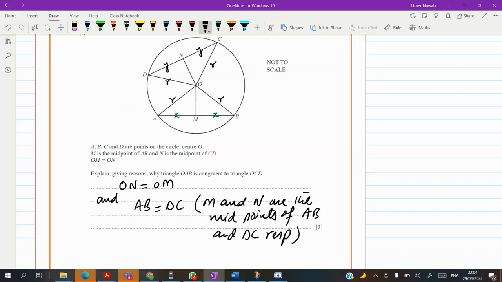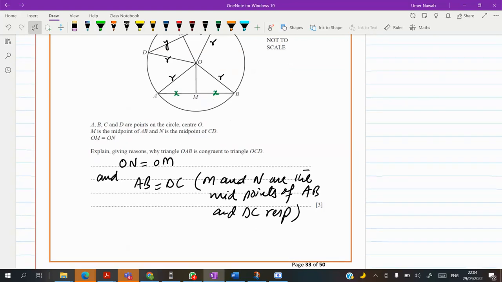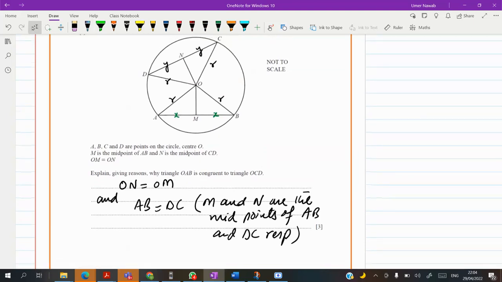Now, if M and N are the midpoints, the midpoint property tells us they should be perpendicular to each other, their distances are the same, and this property says that AB is equal to DC.